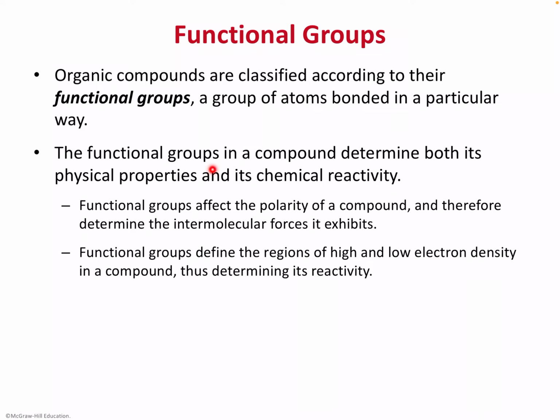The functional groups in a compound determine both its physical properties and its chemical reactivity. Functional groups also affect the polarity of a compound and therefore determine the intermolecular forces it exhibits. Functional groups define the regions of high and low electron density in a compound, thus determining its reactivity.